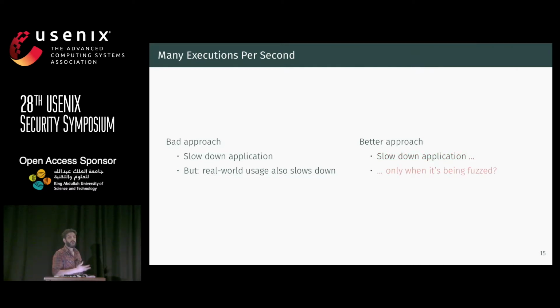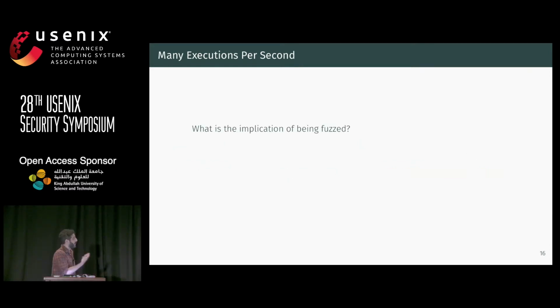But what if you can do this only when being fast? The idea here is to not detect that you're being fast, not check the environment like malware does, not go, oh, this is a sandbox, this is AFL running, let's introduce a slowdown. Instead, do something a little bit smarter. So what is the implication of being fast?